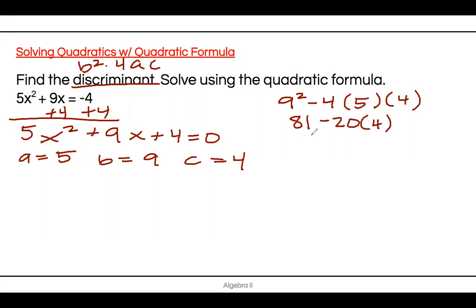So that's going to be 81 minus 80, which is equal to 1. So if our discriminant is greater than 0, that means we're going to have 2 real solutions.